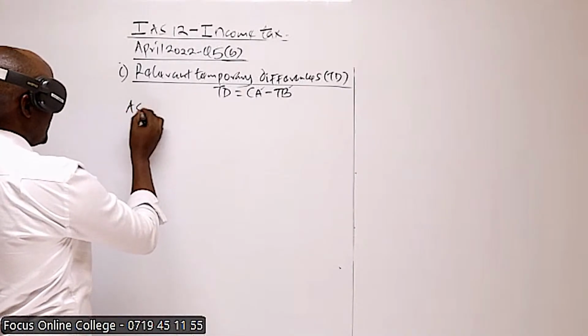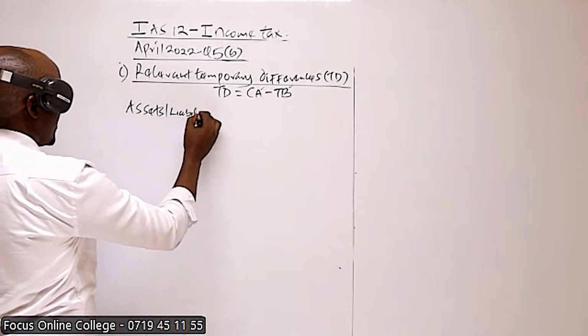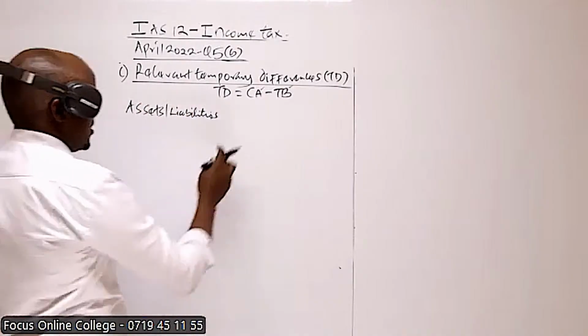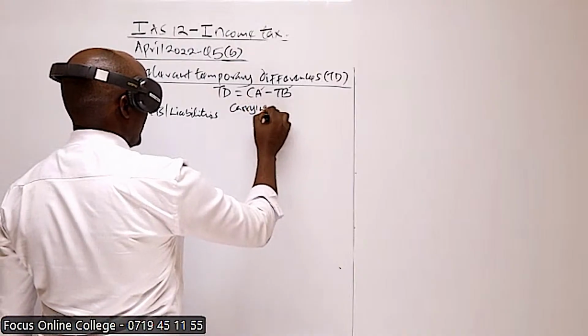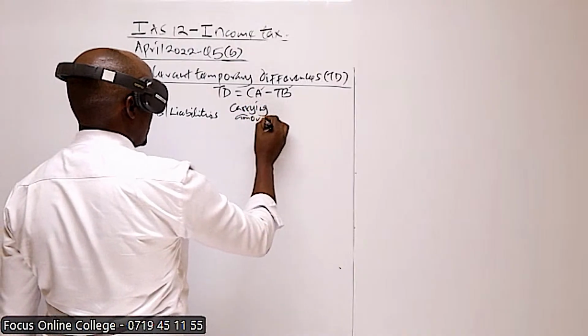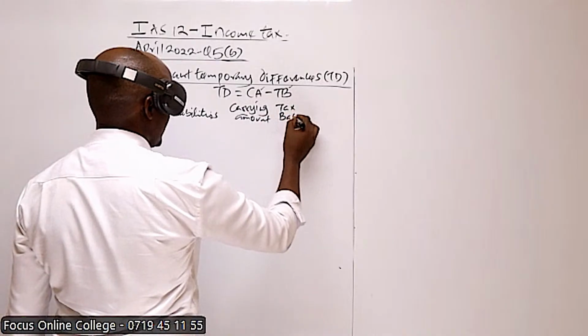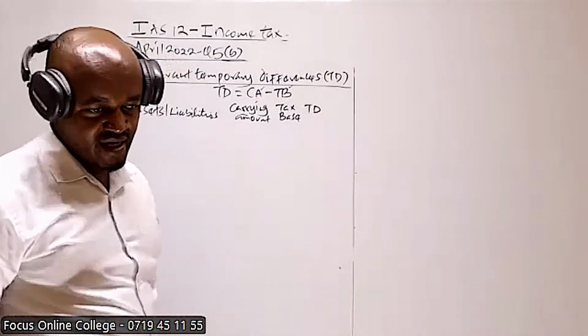In our table, we will have a column for the assets or liabilities, given from note 1 up to note 6. The next column will be for the carrying amount, the next for the tax base, and the last column for the TD, the temporary difference.